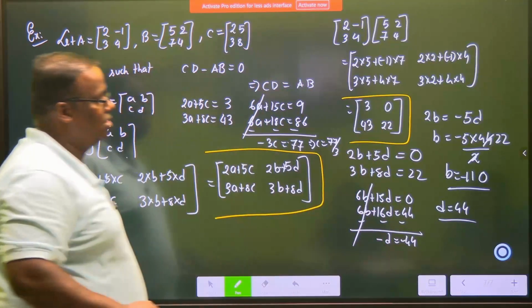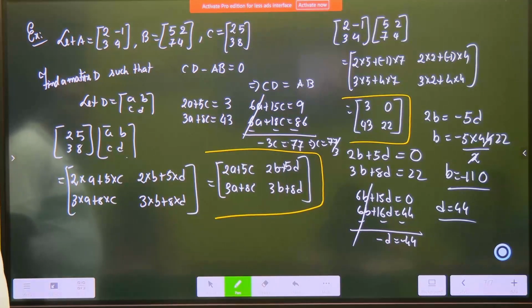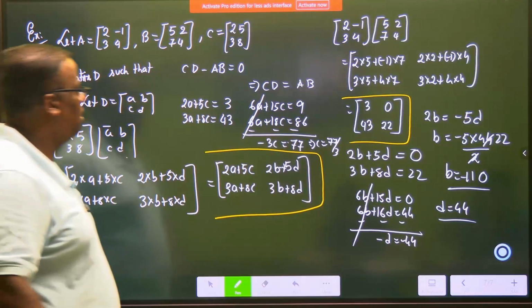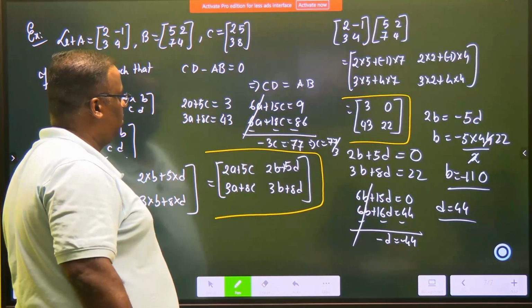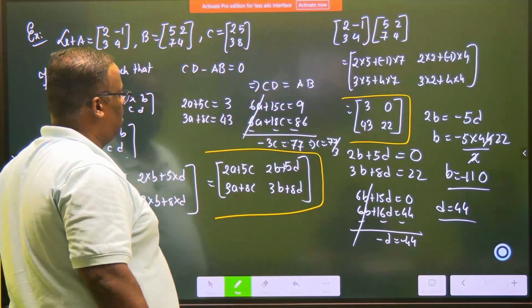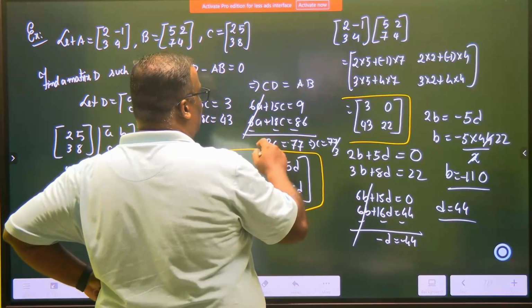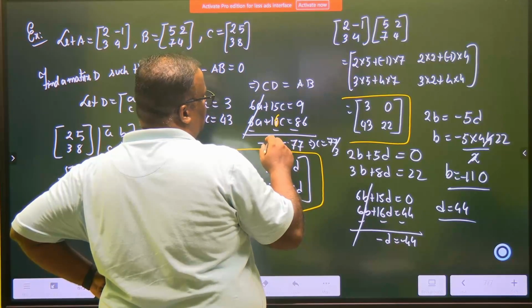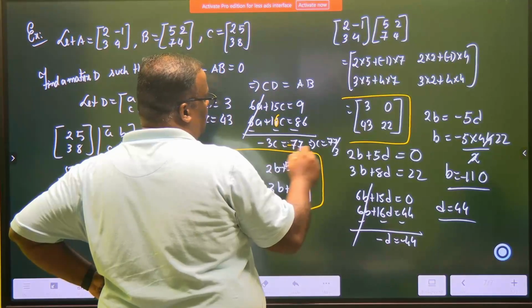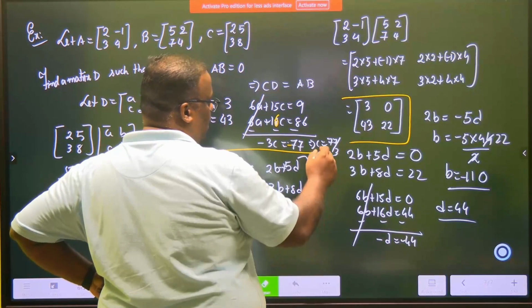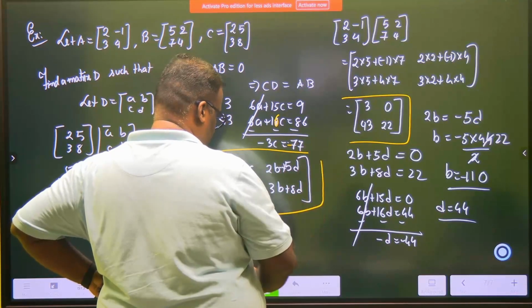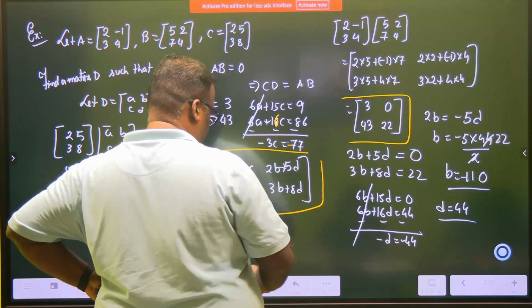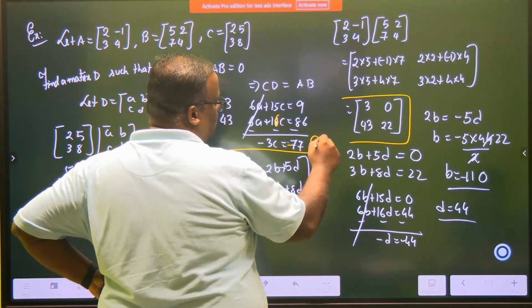Oh, 6a plus 16c, not 18. So it is negative c equal to 77, negative 77. So c is equal to negative 77. Correct. We can be wrong every time.